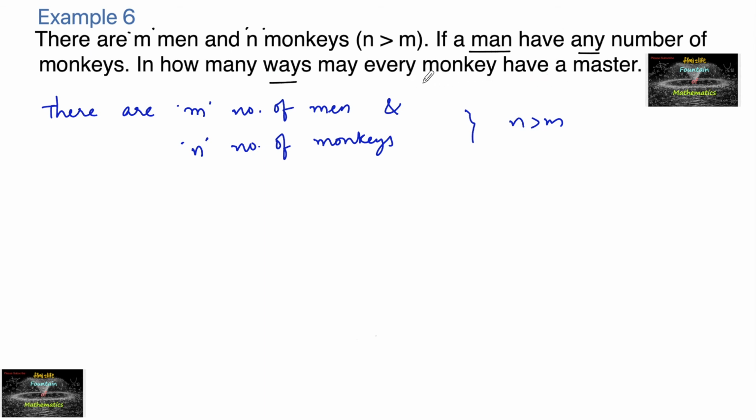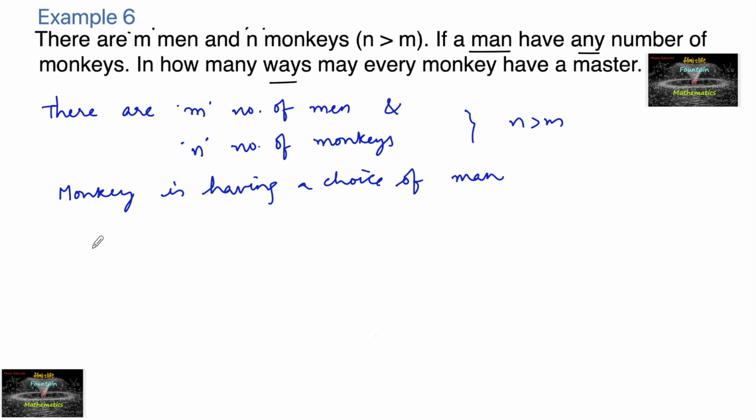Here every monkey has a master, he is asking the question, means the monkey is taking a choice. It is not the man having a choice of selecting the monkey. The monkey is having a choice to select the man.